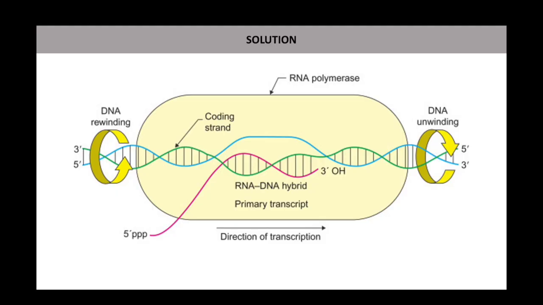Now, because the direction is from 5' to 3', and we know that transcription or even DNA replication always happens on the opposite strand, that means the opposite strand must be 3' to 5'. So in this case, the direction of transcription will be from 5' to 3', and the direction of the reading template will be from 3' to 5'.